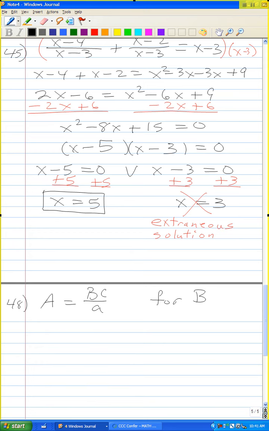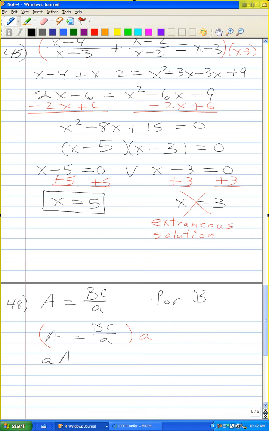So A equals BC over little a. In this case, I want to multiply both sides of my equation by the denominator, little a, so that I no longer have any fractions.